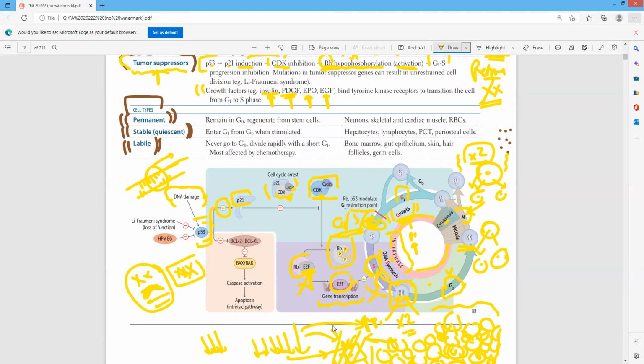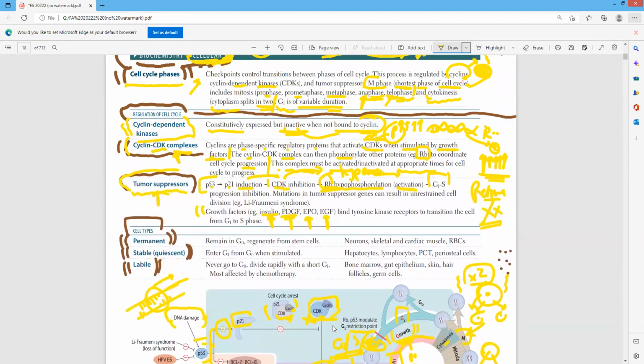When you have retinoblastoma in hypophosphorylated form, it will attach to E2F and inhibit gene transcription, and consequently it will inhibit the progression of the cell cycle. When you have cyclin-dependent kinases inhibited, retinoblastoma will be hypophosphorylated, so it will inhibit that. I think you understand me.